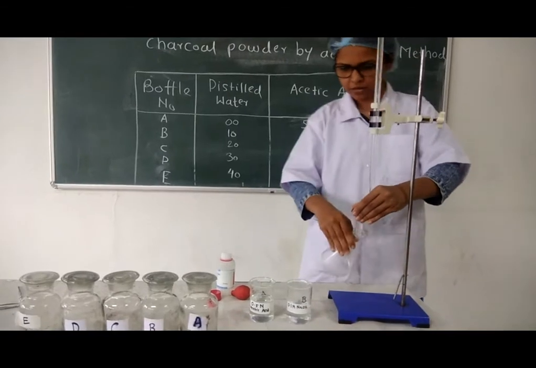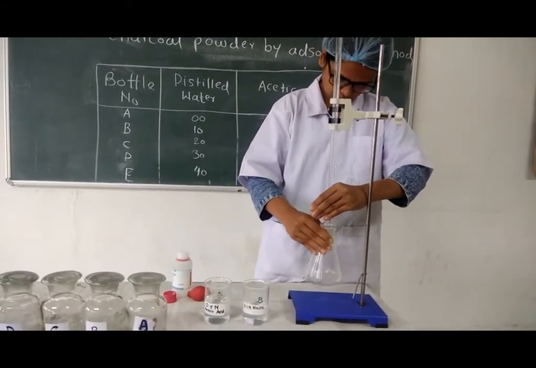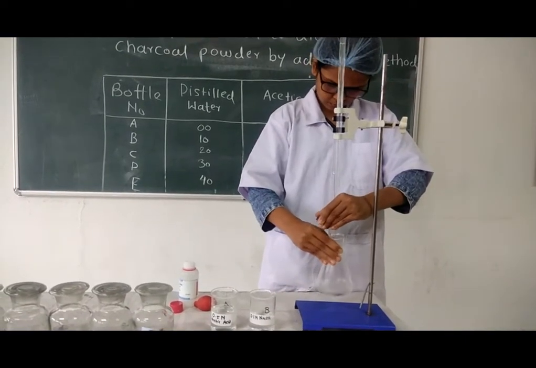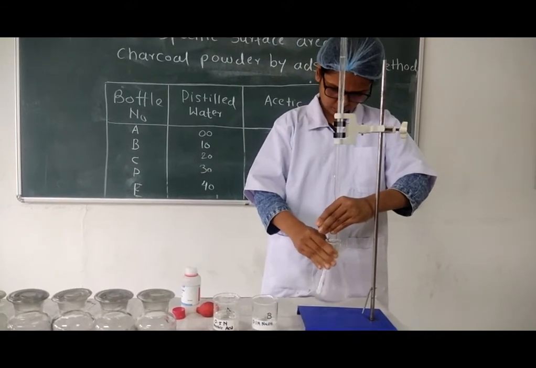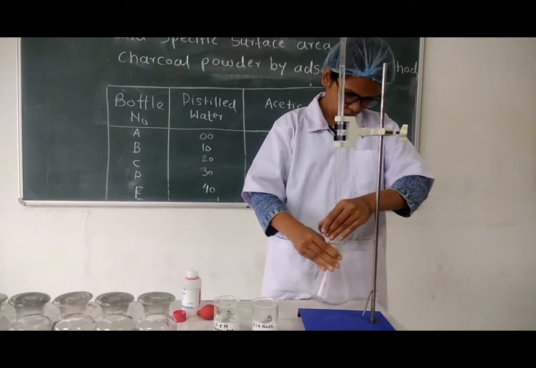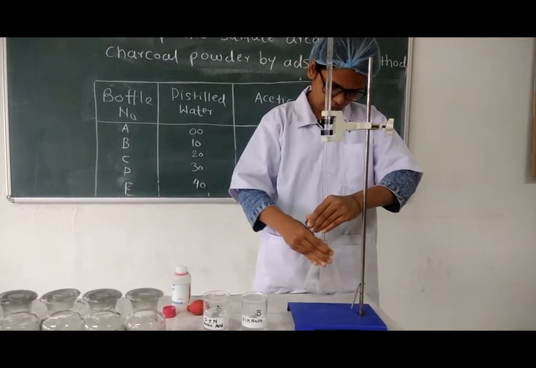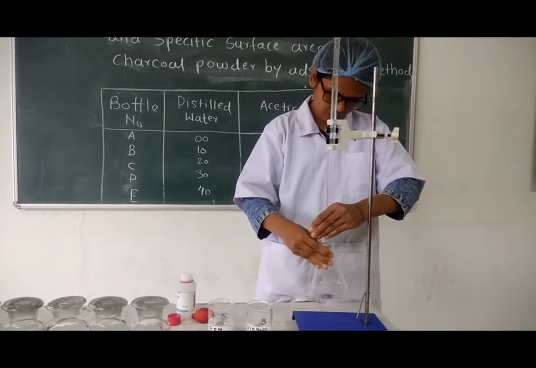Now I am titrating it against 0.1 normal NaOH. By using the N1V1 equals N2V2 equation, we can calculate the exact normality of this prepared solution of acetic acid.